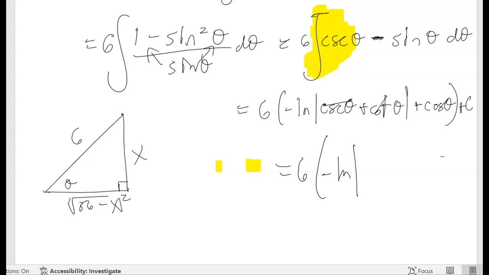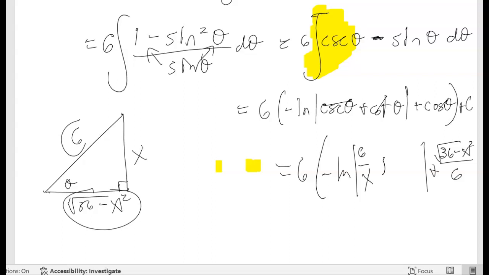That is, fill in what the ratio should be here. For example, the cosine, that would be an easy one. The cosine would be this divided by this, right? Adjacent over hypotenuse. That's the square root of 36 minus x squared all over 6, and so on. And the cosecant, right, that's the reciprocal of the sine, so that should be 6 over x.